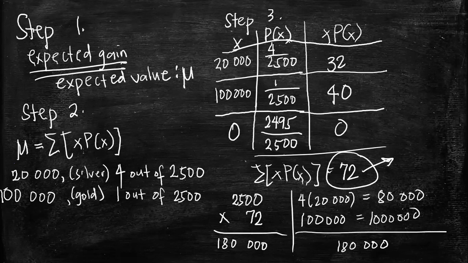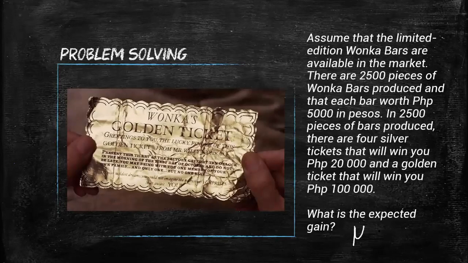Kasi para tumubo, di ba, doon mo rin kukunin yung pang-premyo mo sa amount kung saan binenta mo yung mga ticket or chocolate, right? So dito, class, kung i-compare natin kung 72 ngayon yung expected value, ibig sabihin si negosyante ay malaki ang tubo.